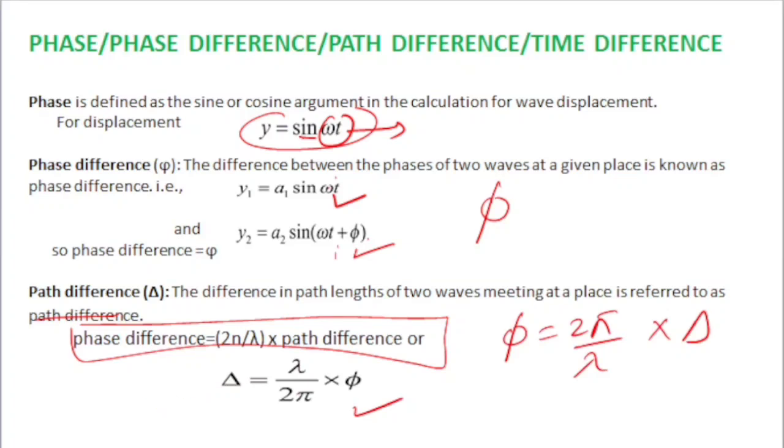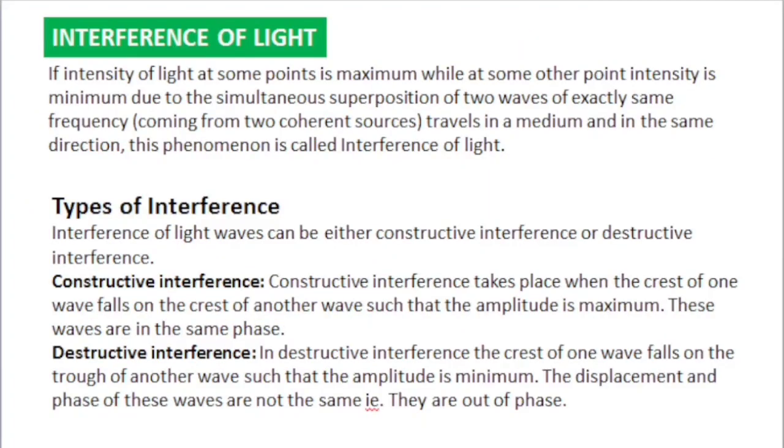Now next I am going to discuss in detail what interference of light is. When two lights superimpose, at the point of superposition the intensity of light is maximum at some points, right? And at some points intensity is minimum, right? So this redistribution of energy due to superposition of two waves traveling in the same medium and the same direction is called interference of light.